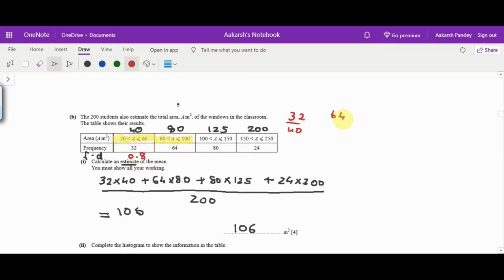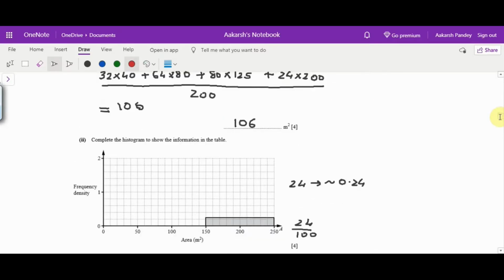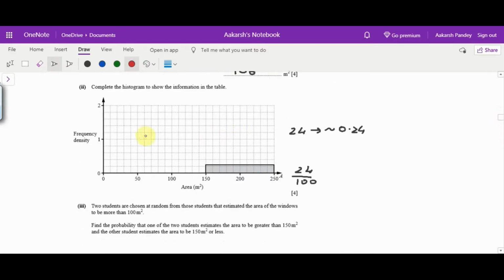Then I have 64 by 40, which is 1.6. 80 by 50, again 1.6, and lastly I have 0.24. So I'll just show you one. First we have 20 to 60. 20 to 60, I have 20 over here, 60 is somewhere here.